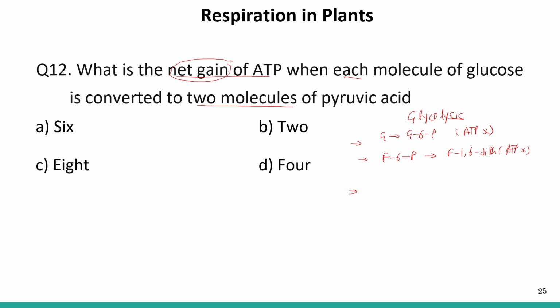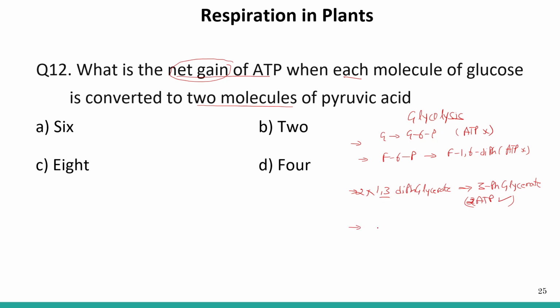Then later, when 1,3-diphosphoglycerate is converted into 3-phosphoglycerate, 2 ATP are produced, because there are 2 molecules of 1,3-diphosphoglycerate.